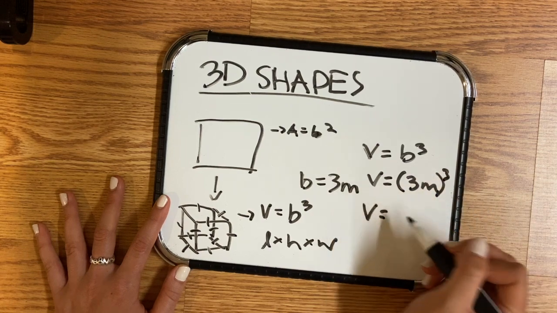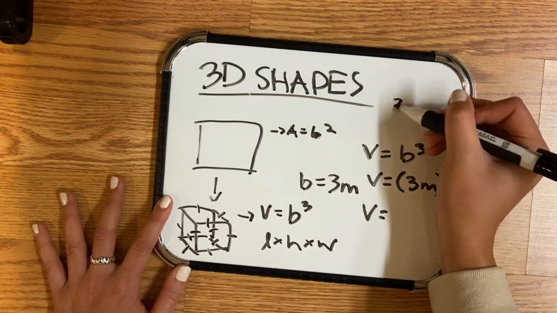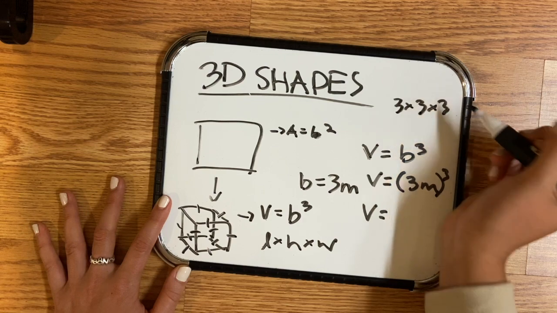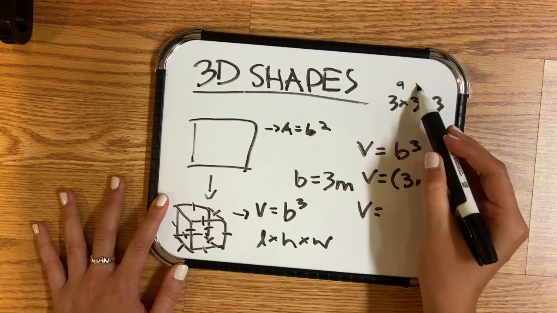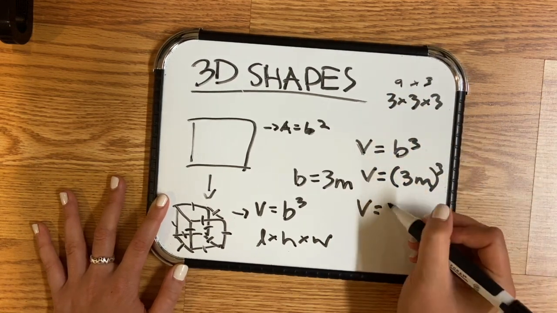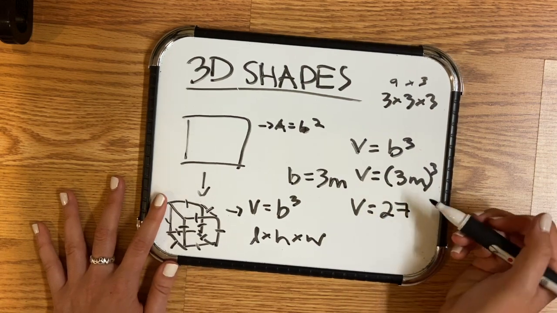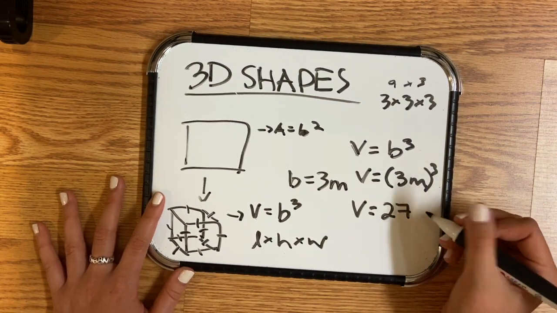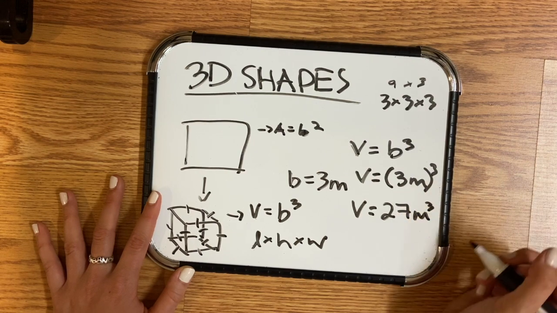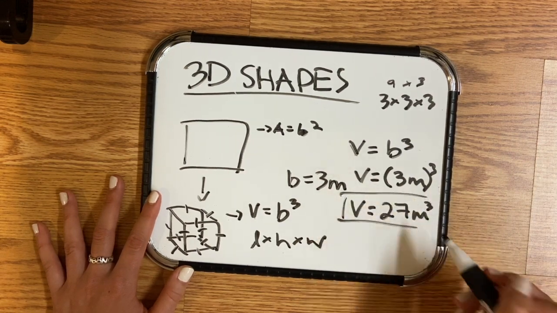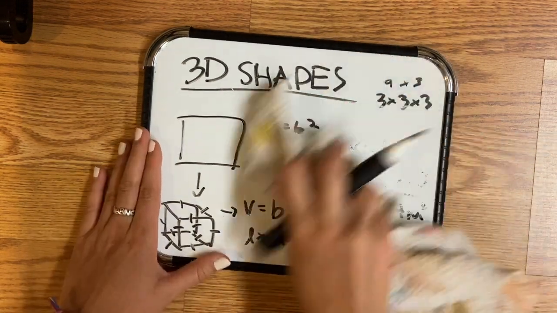Well, we have to cube 3. That's basically just saying 3 times 3 times 3. So 3 times 3 is 9, times 3 is 27. But remember, we're not just cubing the 3, we're also cubing the meters. So this becomes meters cubed. Awesome. That's all we have to do for the square.